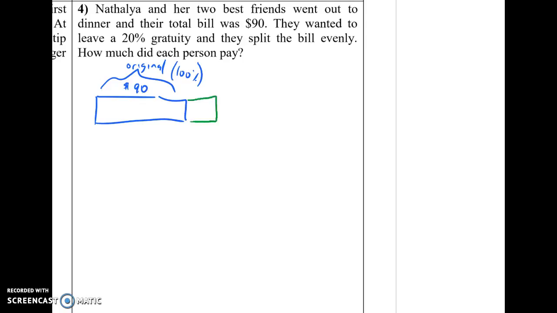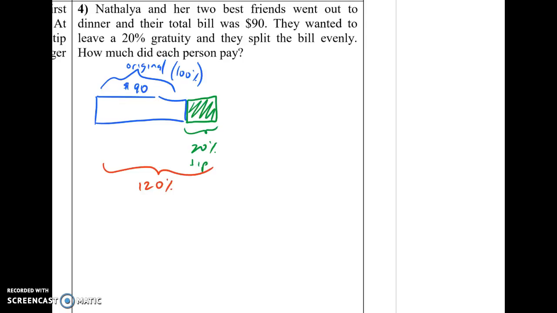We want to leave a 20% gratuity. So that means we're going to be adding 20% on top of the bill. In total, we have 120%.